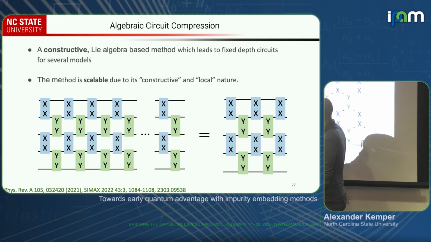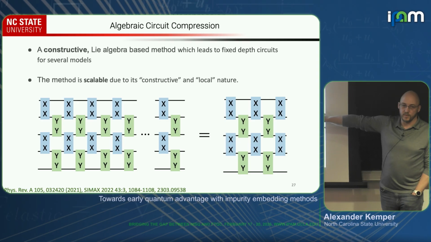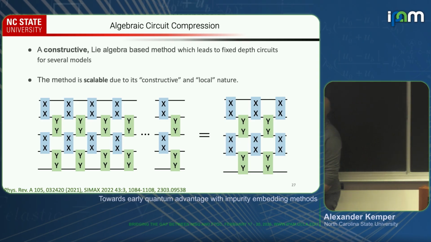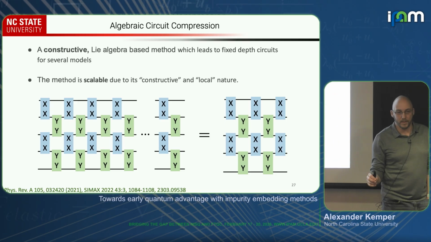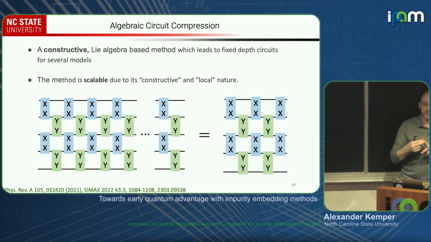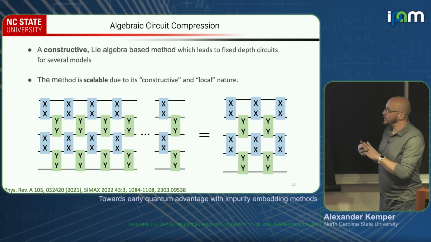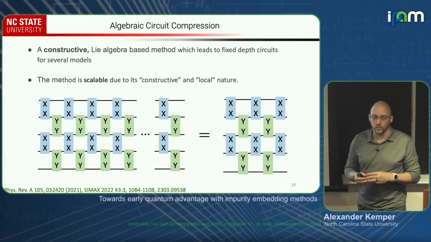I can take any number of these that I want and compress them into something that is this depth. Why is this? Because the XY model is a free fermionic model. Works for a transverse field Ising model, works for XY model, and that's about it. The moment I add in any interactions, it doesn't work.